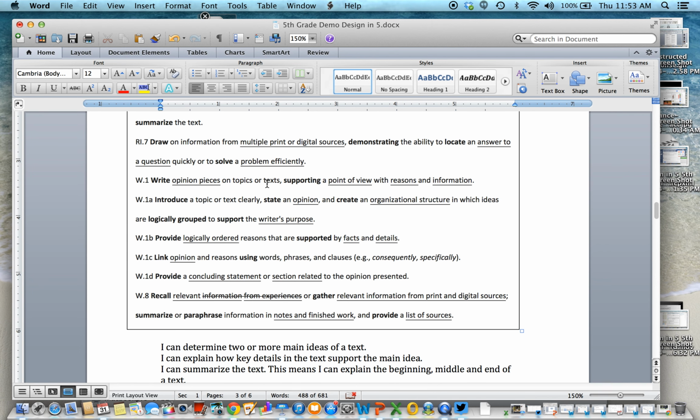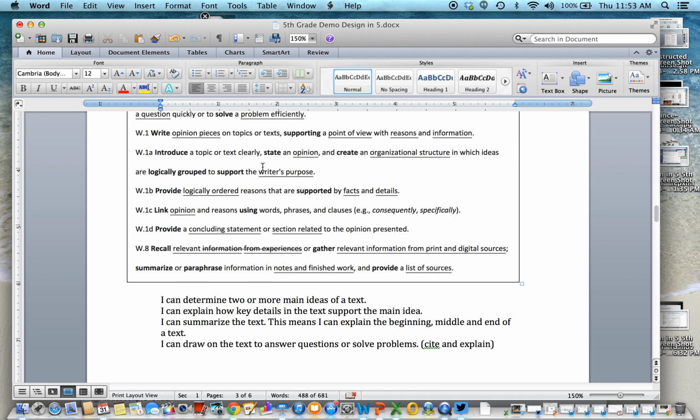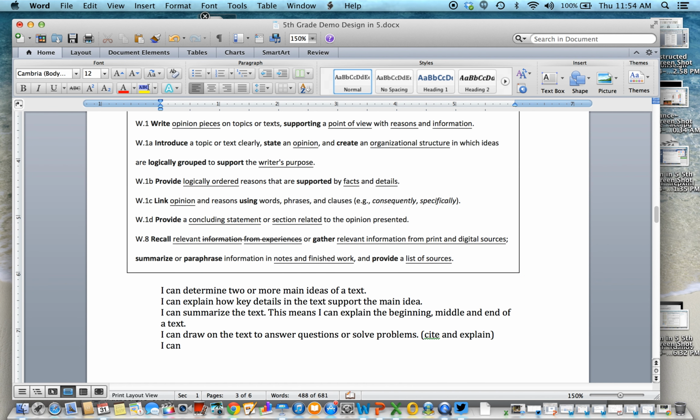I can write... yeah, so I might even say I can cite evidence from the text to support my thinking, and I can explain how evidence from the text supports my thinking.